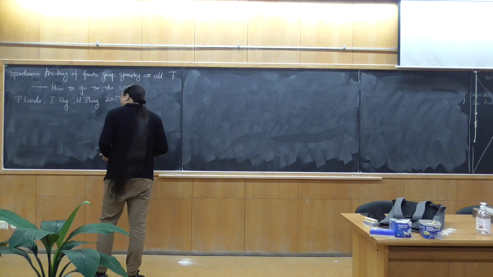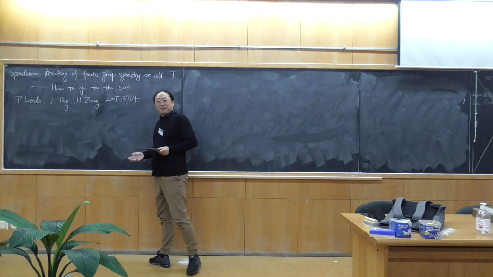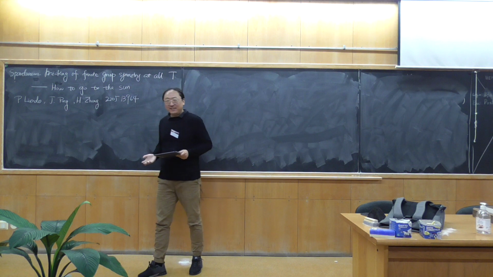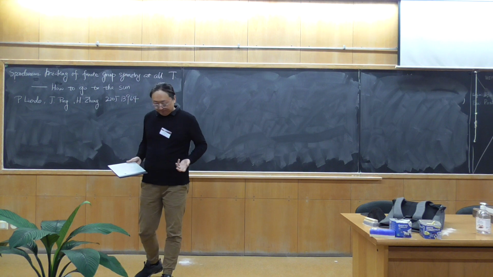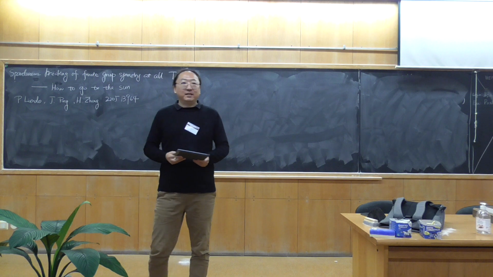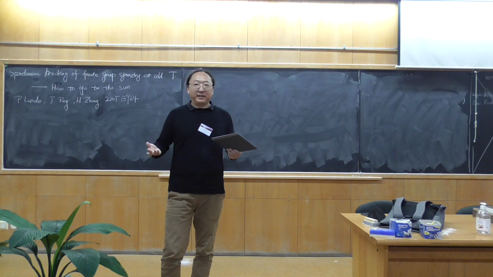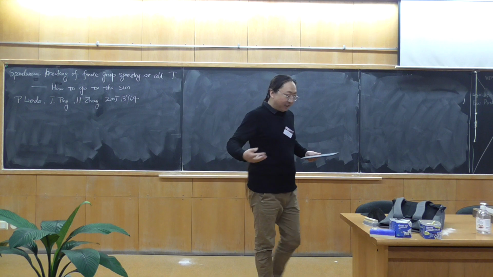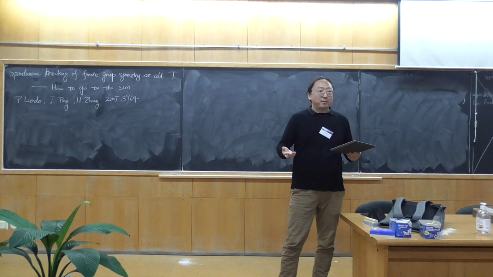And the actual thing I'm going to talk about is the spontaneous breaking of finite group symmetries at all temperatures. So we are going to talk about a state of matter, which is some ordered phase, spontaneous breaking of certain symmetry, which usually these kind of phases would stay at low temperature.